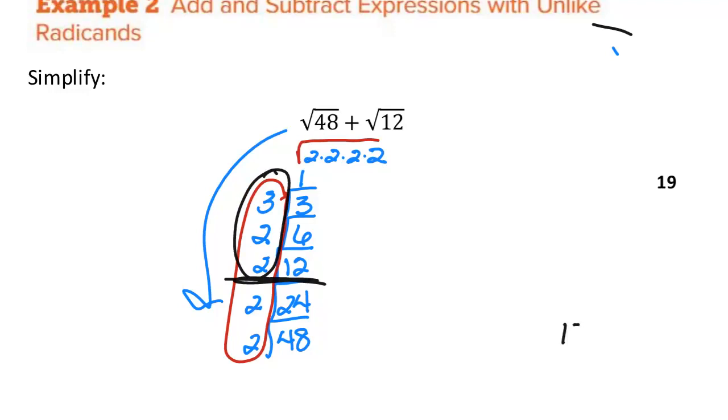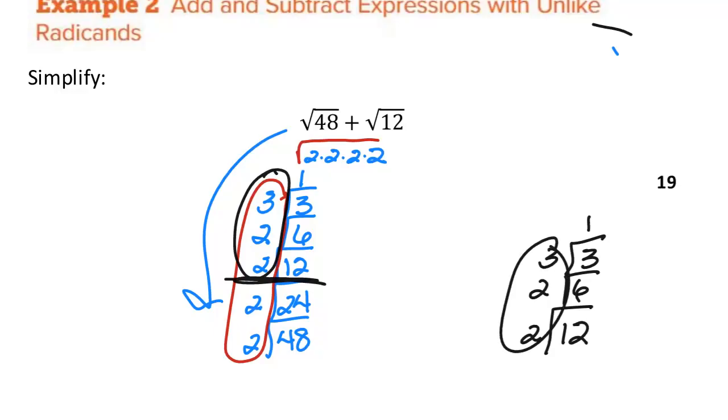Or you could rewrite it over here, right? Divide by 2 is 6. Divide by 2 is 3. Divided by 3 is 1. You get the same thing. So, plus the square root of 2 times 2 times 3. Oh, I forgot my 3, didn't I? Yeah. Sorry about that. So I forgot my 3 on the end of the square root of 48.